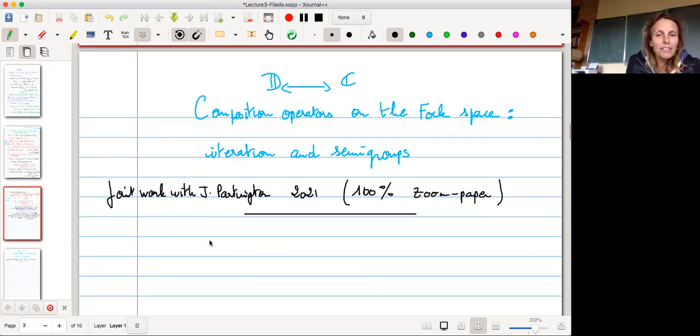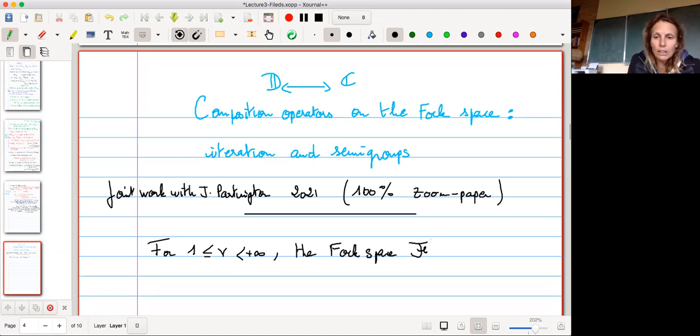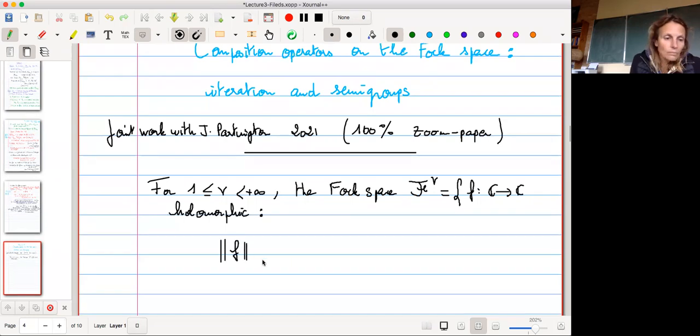Okay, so I will start slowly with the definition of Fock spaces and so on. For a parameter nu finite and greater or equal to 1, the Fock space F nu consists of entire functions such that the following integral is finite.